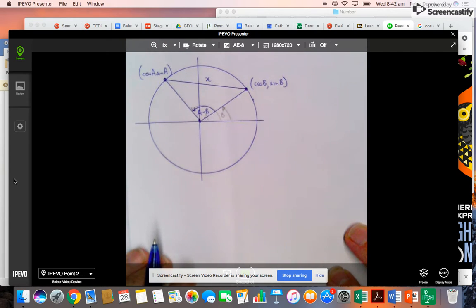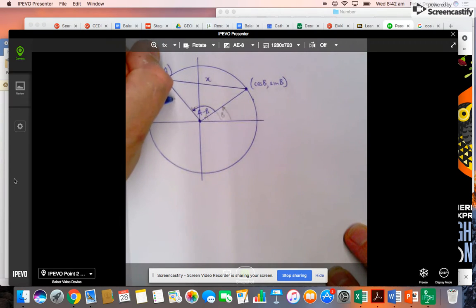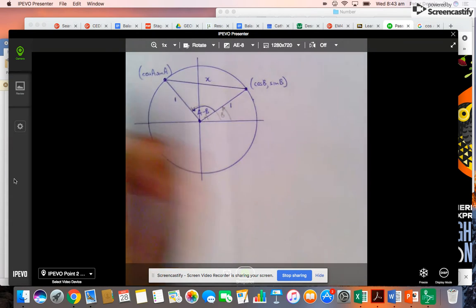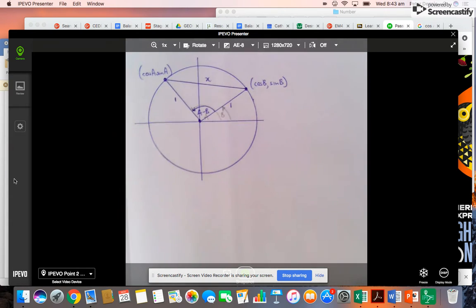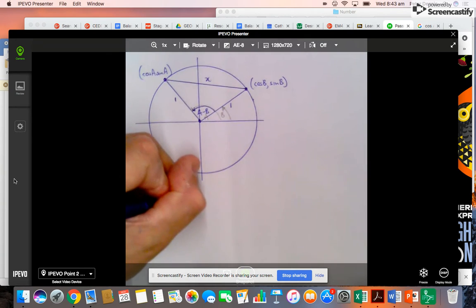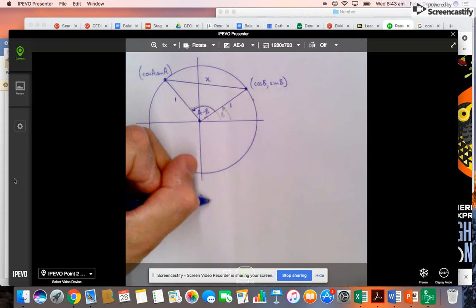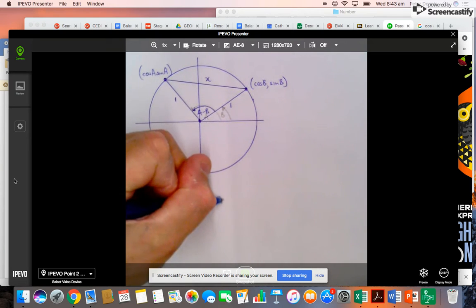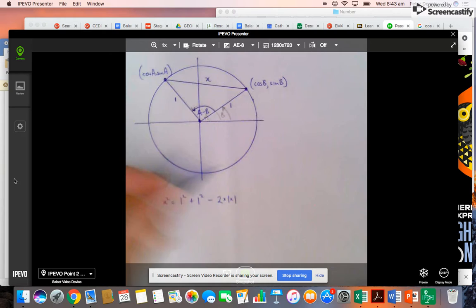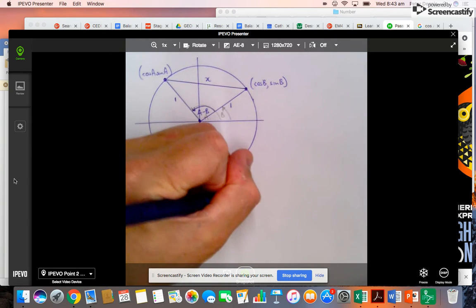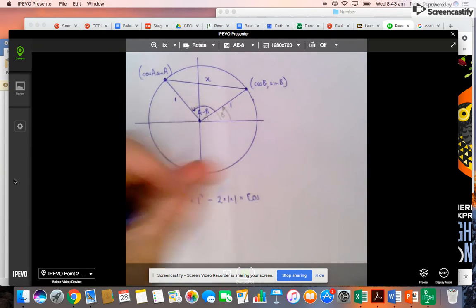And let's look at the cos rule. And remember, this is the unit circle, therefore this is 1 and 1. So if we look at the cos rule in here, we know that x squared is going to equal 1 squared plus 1 squared minus 2bc, which is just 1 times 1, and then we're going to times it by the cos of our angle.